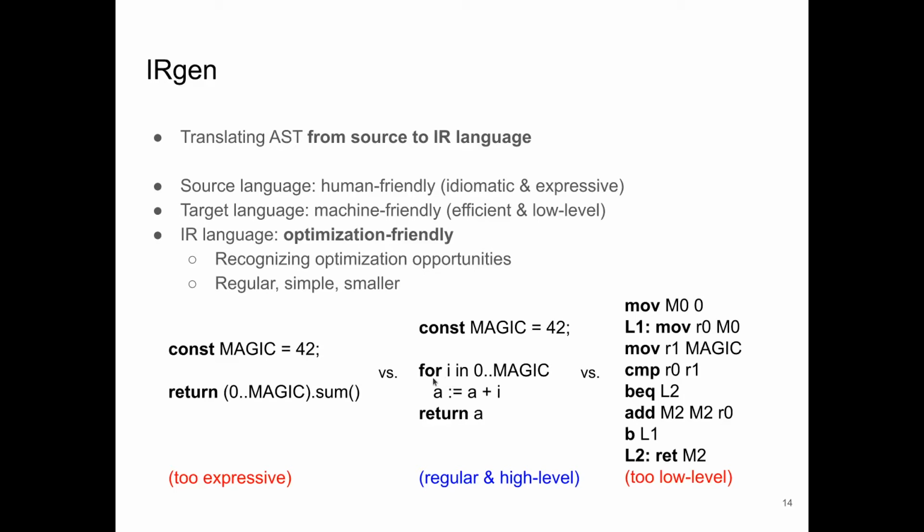For example, this is looping over i from 0 to magic, accumulating the value and returning a.